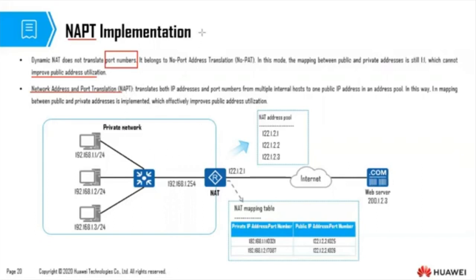Okay, so with this, one public IP address can be mapped to multiple internal private addresses because we are also including port numbers. So how is that so? This guy comes with the source address of that, comes here. When it gets here, we give him this public IP address.